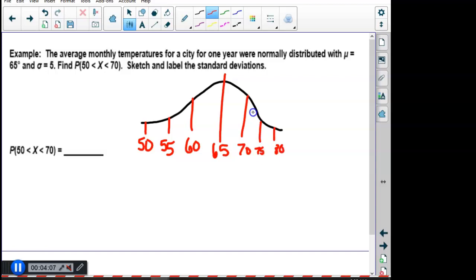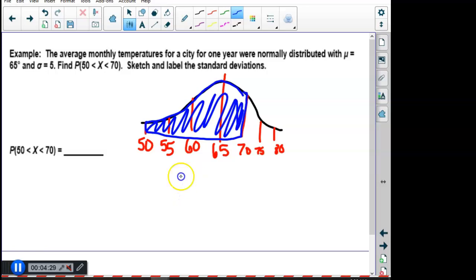And they want to know, sketch and label, what is the probability it lands between 50 and 70? So if we were to shade this, because it does ask on the quiz for you to sketch and shade one, you would want to say all of that.